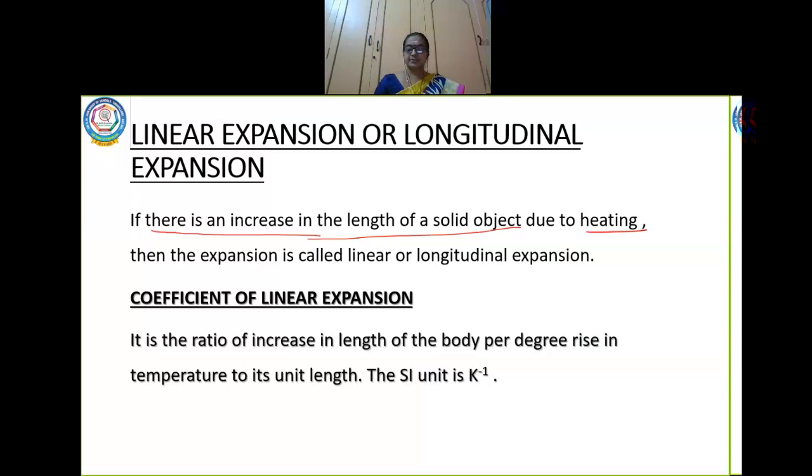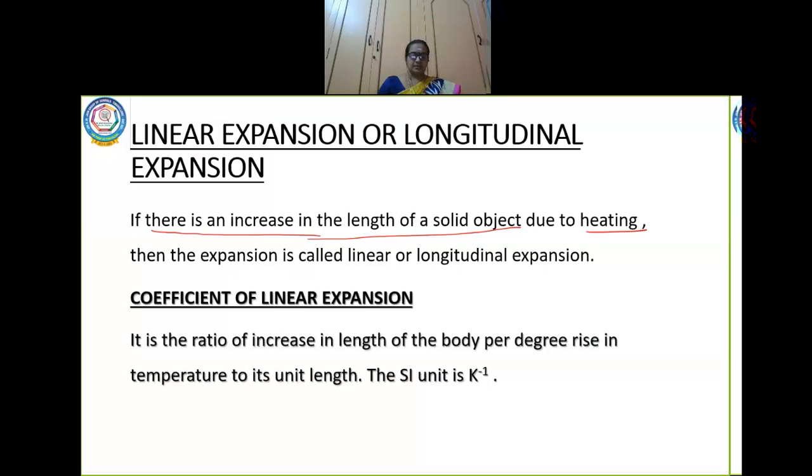Clear? Try to understand the definition clearly.